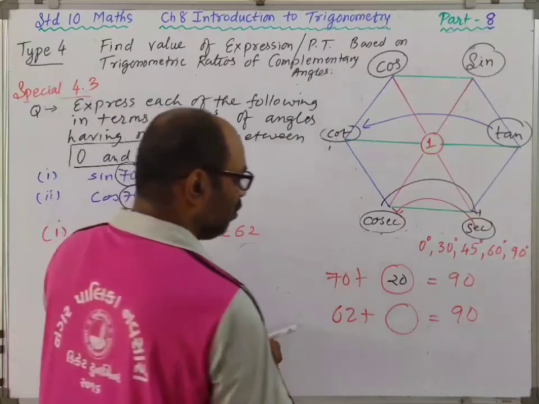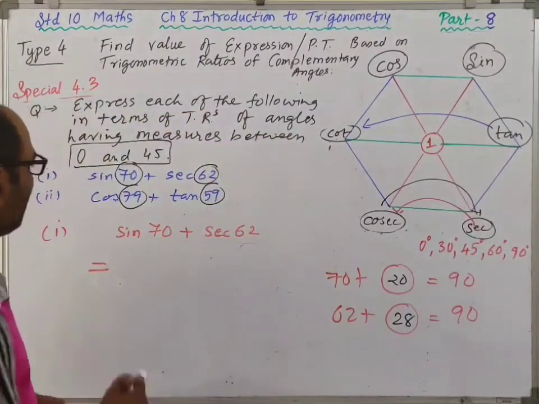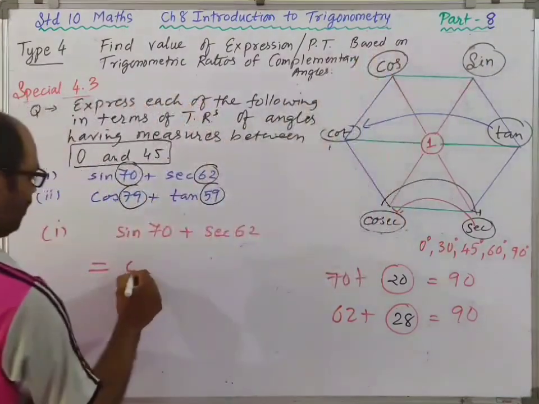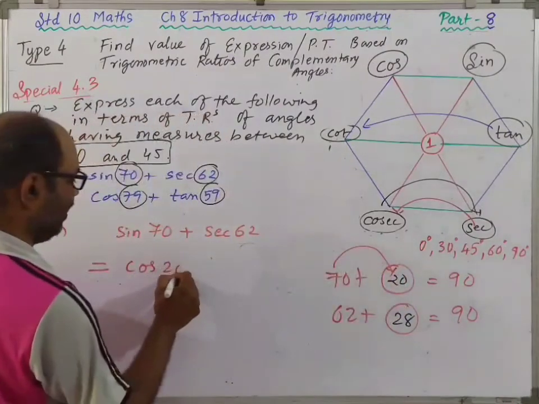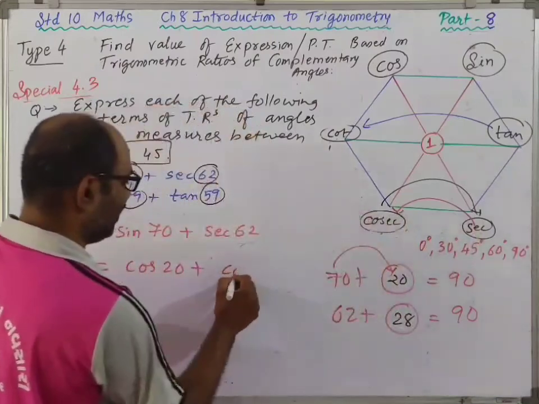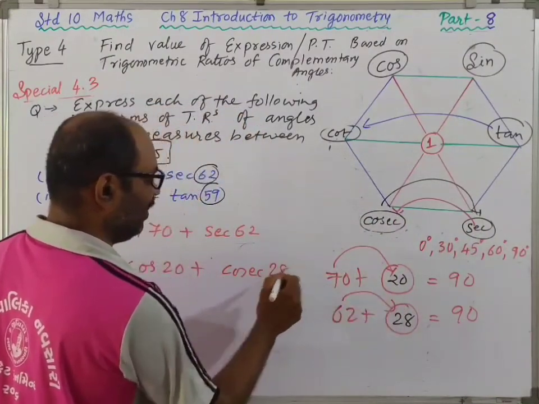So that is 28. Correct? Finished. काम हो गया. What is complementary of sine? Cos. And what is complementary of 70? 20. Plus. What is complementary of sec? Cosec. And what is complementary of 62? 28. Right?